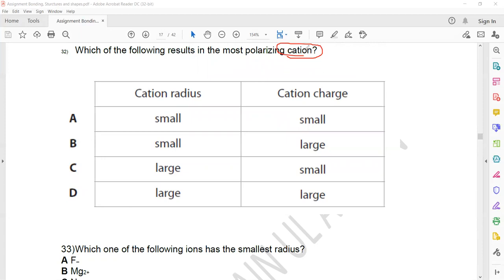Cations move towards the cathode; they are positive ions. So the size of the positive ion should be very small and the charge should be larger. So that's why B will be the right answer, because a smaller positive ion with a greater charge will cause more distortion to the negative ion.